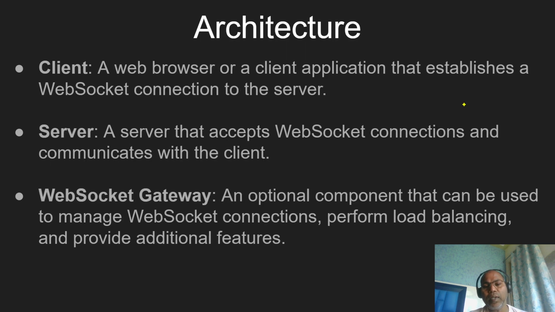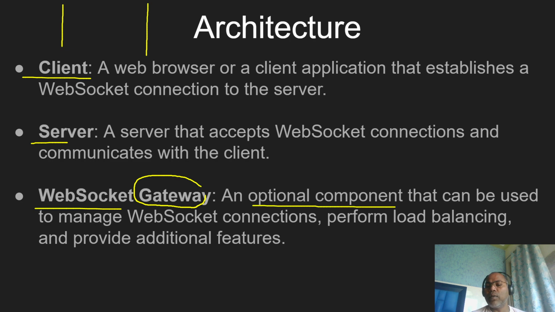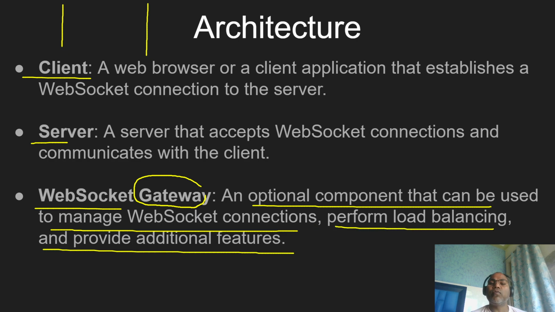Now the basic architecture, simply put: we have a client, we have a server, and our WebSocket. These are very basic architectures. We have one client, we have a server, and sometimes many applications also use a WebSocket gateway. This is an optional component that can be used to manage the WebSocket connections, perform load balancing, and provide additional features.